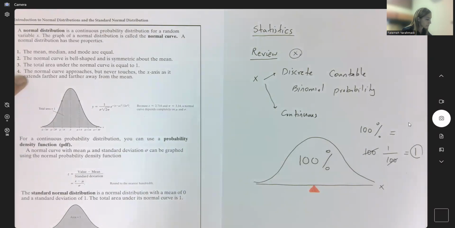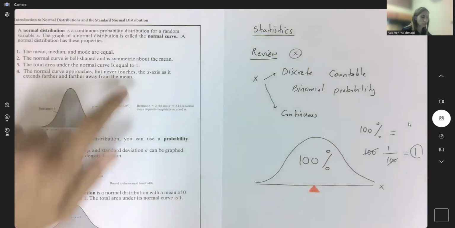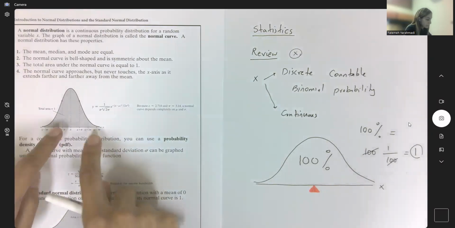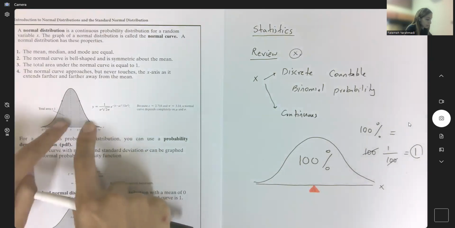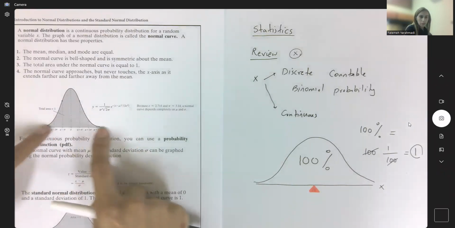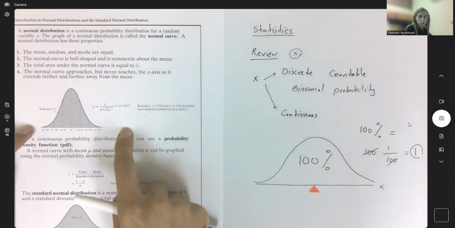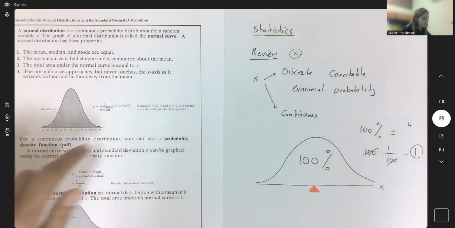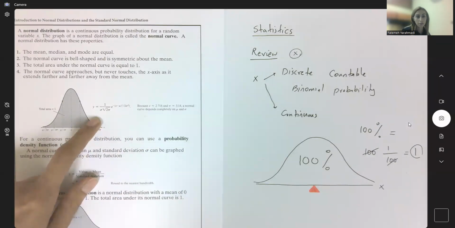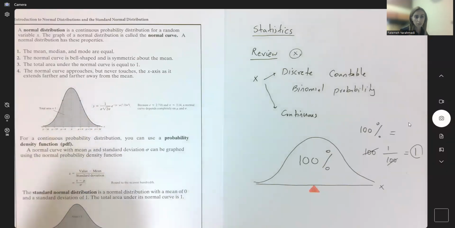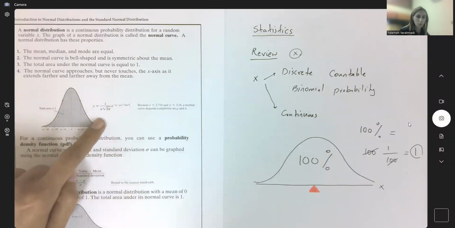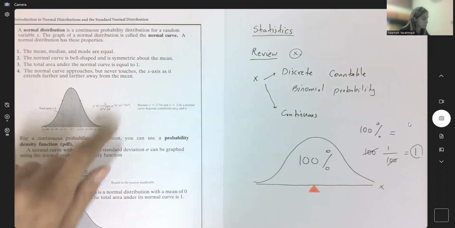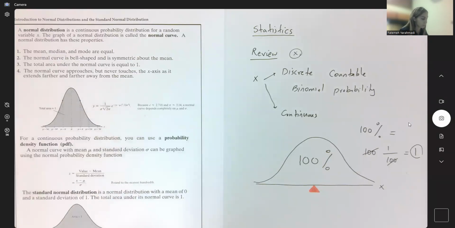The normal curve approaches but never touches the x-axis. So this curve on the left and on the right, it never touches the x-axis. It just keeps going, right? And the function that defines this normal curve is 1 divided by sigma square root of 2 pi, e to the power negative (x minus mu) to the power 2 divided by 2 sigma squared.